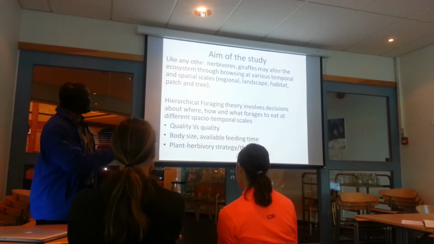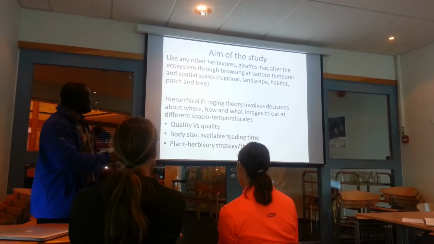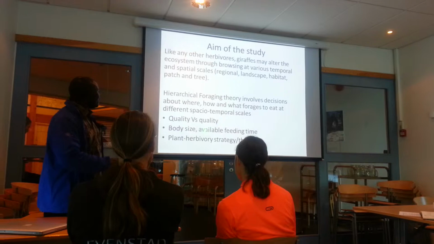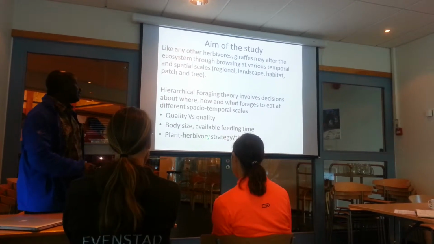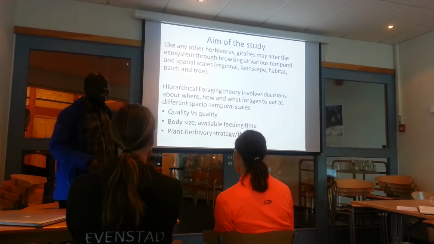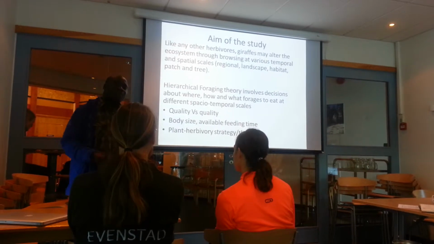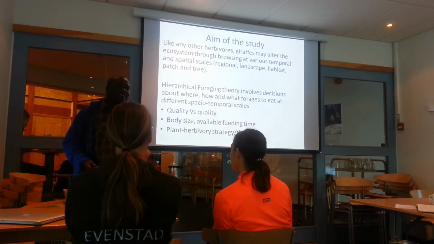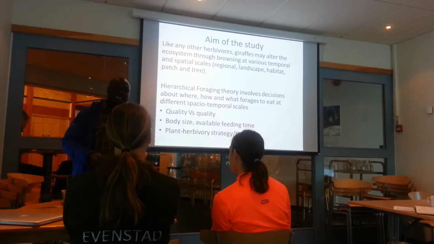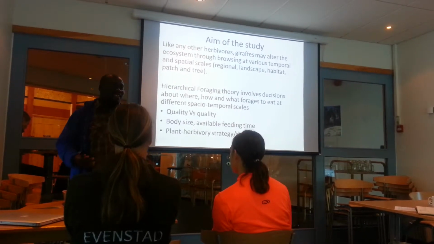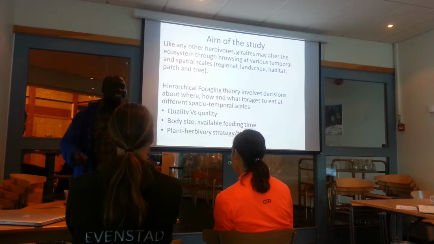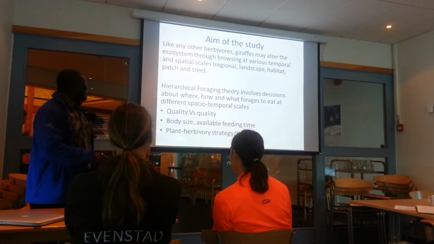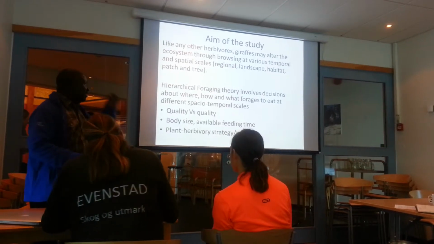Another theory, which gave me the interest to study, is the plant herbivore strategy. Plants by themselves have also developed what we call a defense mechanism against herbivory. They don't want to be eaten, so they have designed a strategy to deter, to discourage these herbivores from eating. So this we call the plant herbivore strategy.